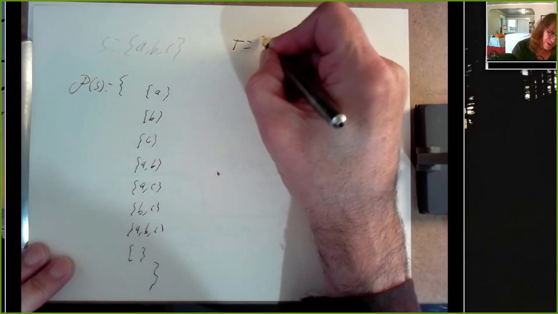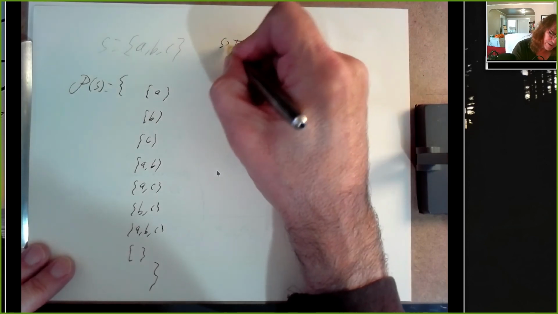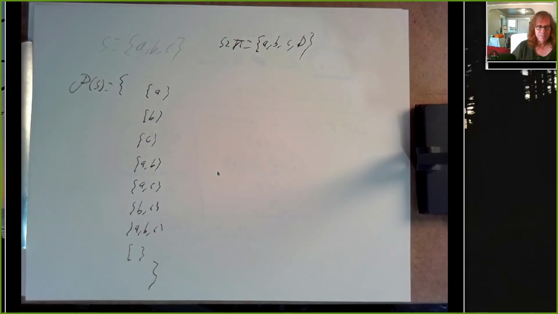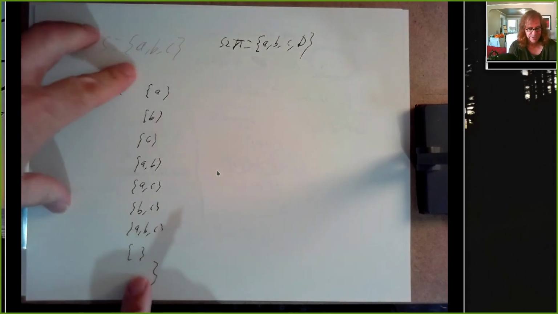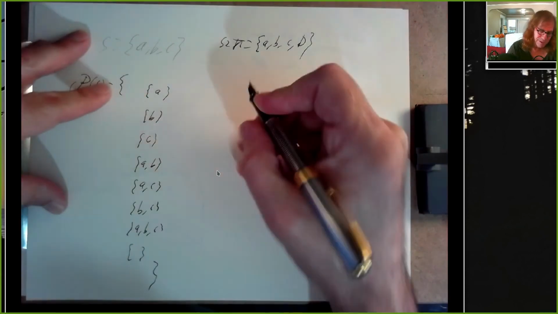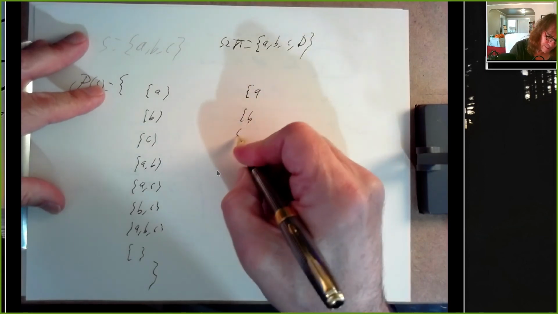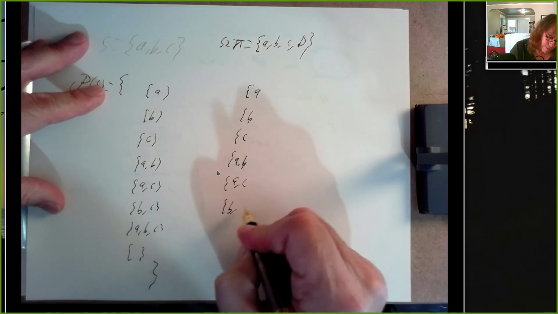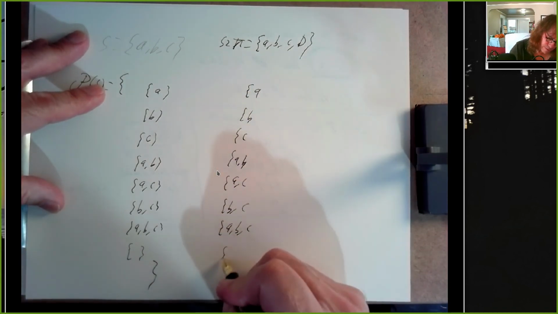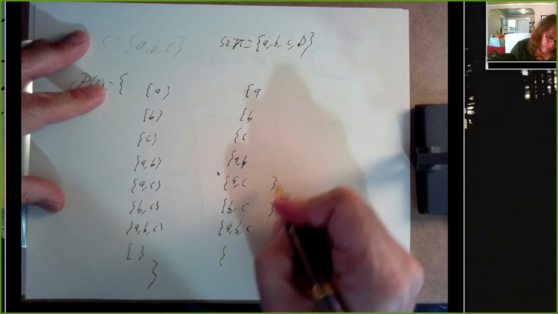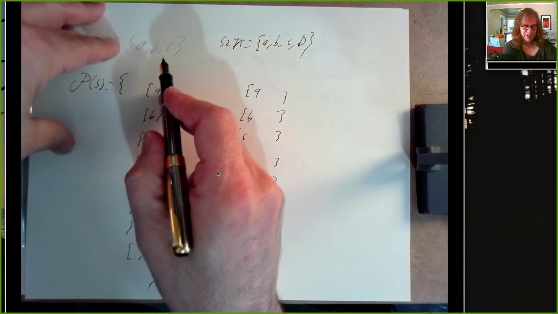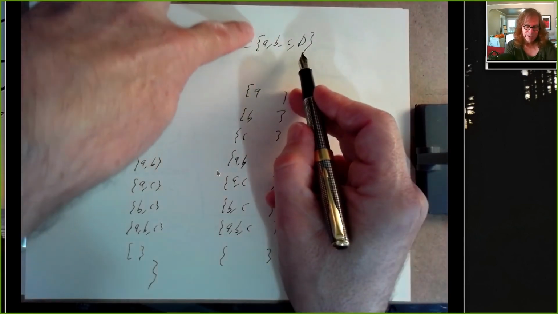Suppose I have a new set, let me call it S2, where I add a new element D, and I want to list all the subsets of that. I don't have to do any work. My new set contains ABC, so I want to list all the subsets of this new set.